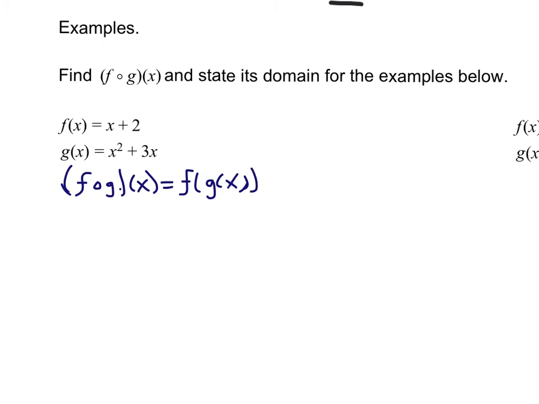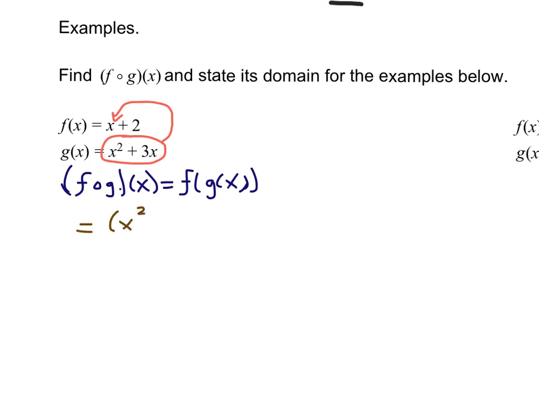So what we're going to do is we're going to take the g function, which in this case is x squared plus 3x, and we're going to plug it into the f function. Now, there's only one x in the f function, so I'm only going to replace the g of x in one spot. So the composition will end up looking like this.